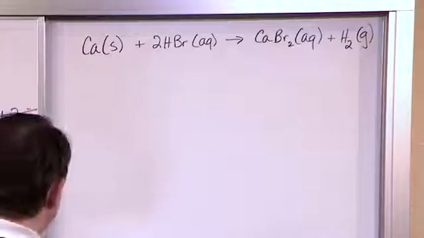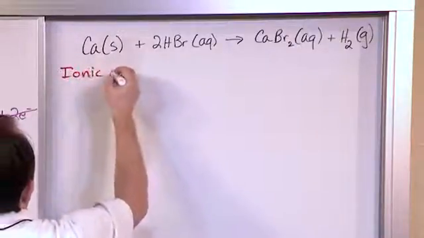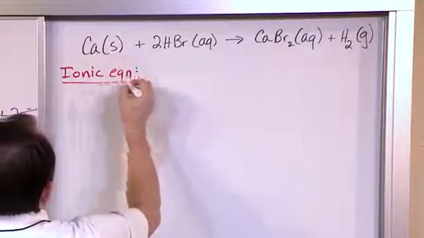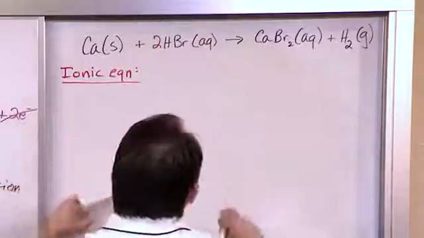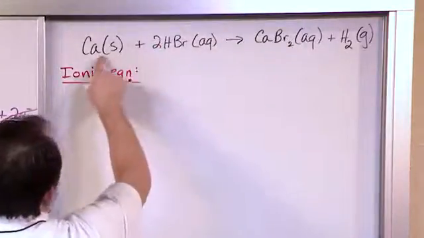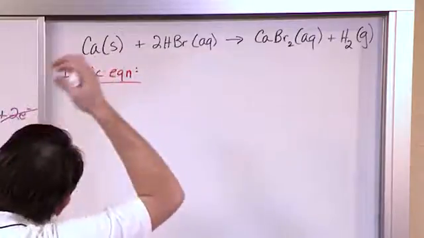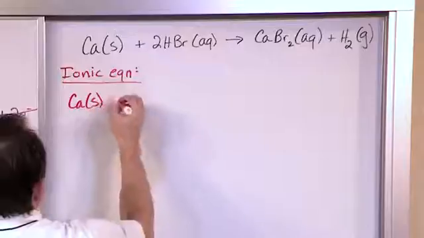So for the ionic equation, you go species by species and you break it apart if it's in water and figure out what the charges on everything are going to be. Well, this is a solid. It's not an aqueous solution. It's just some calcium powder. So that just stays the same, Ca.